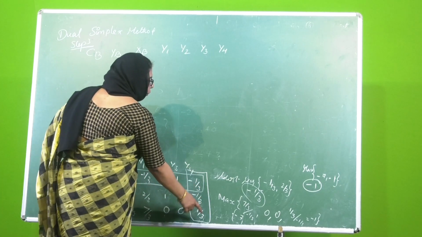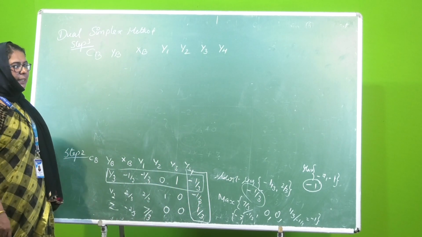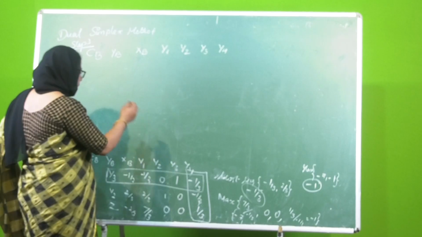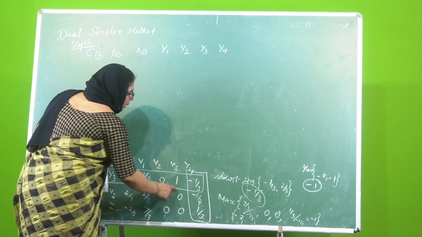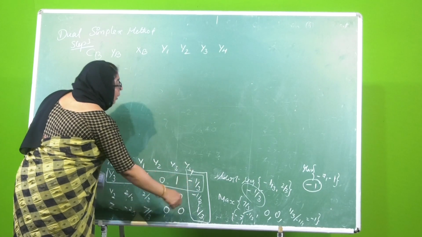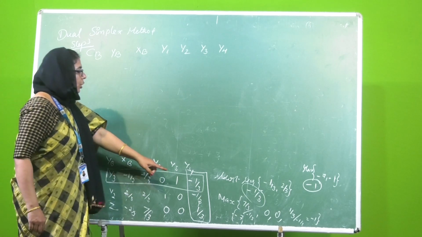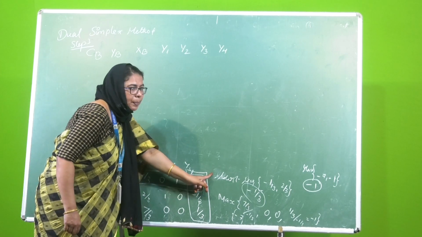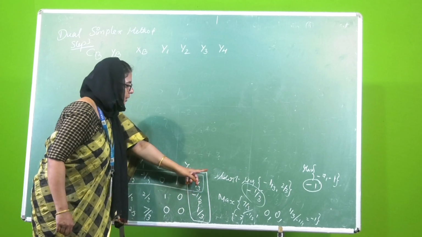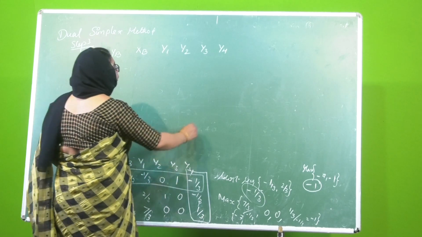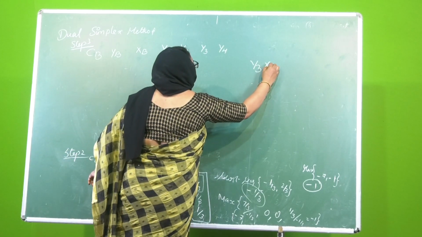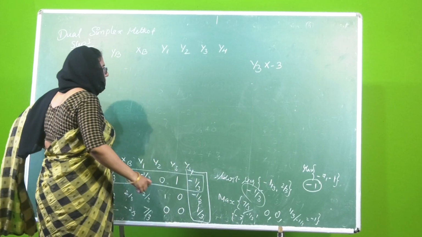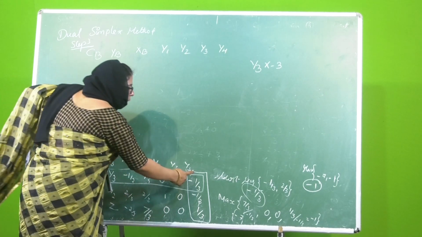These are the conditions for the dual simplex problem. So how can we convert -1 by 3 to 1? You have to multiply y3 by -3, then we are getting 1.